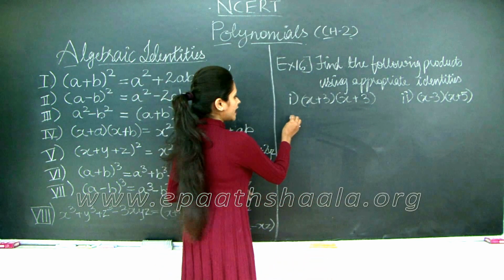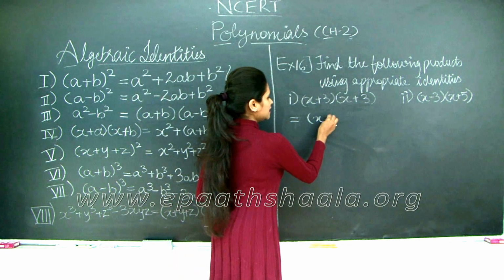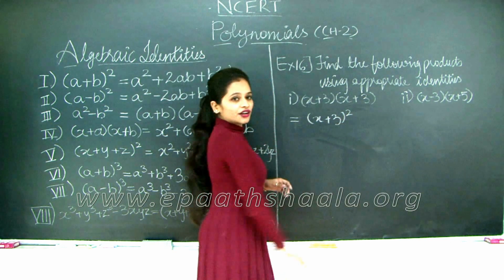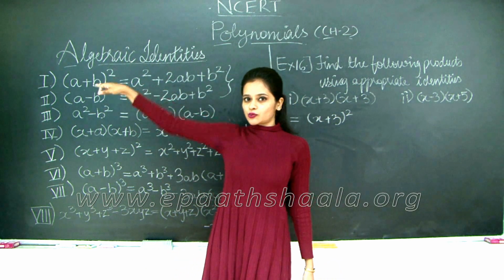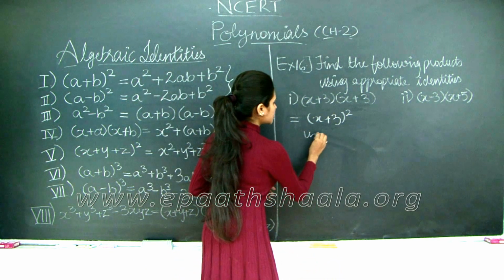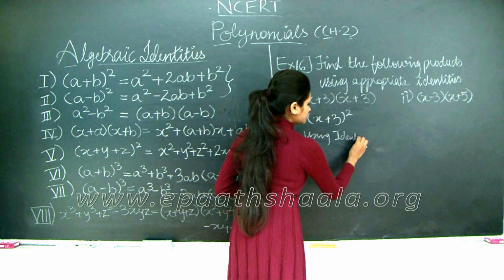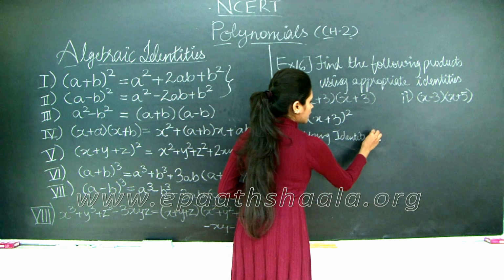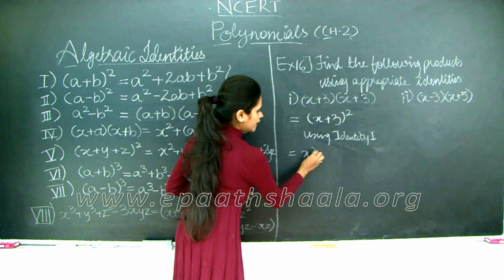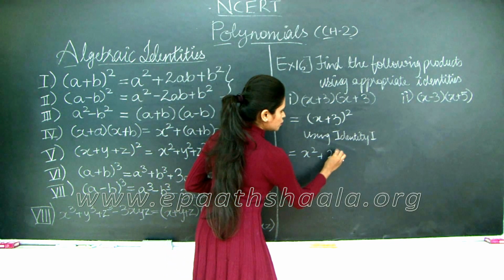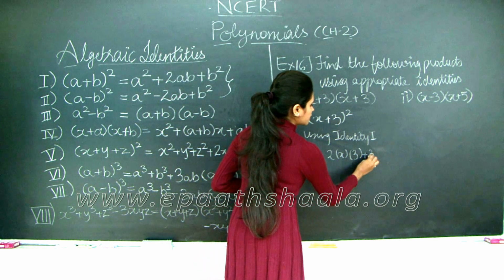So let's see. Now x plus 3 into x plus 3 can be written as x plus 3 the whole square, right? So this is similar to which identity here? Take a look. The first one, right? So using identity 1, what do I get? x square plus 2 into x into 3 plus 3 square, right?